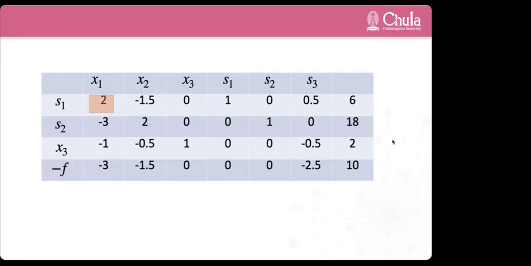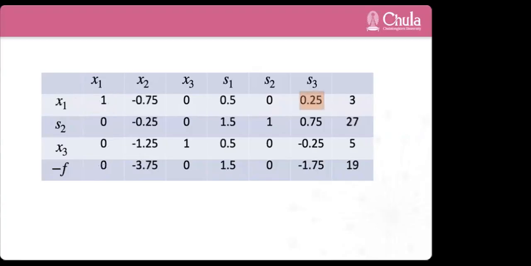Okay, from this one. This is the most negative, this column. And we have only one variable which has a positive coefficient. We make this pivot. And this also, this is the most negative.